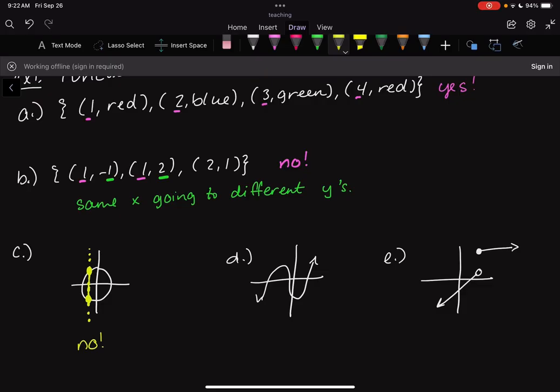What about for D? If I imagine a vertical line going anywhere on this graph, at any x value, am I hitting 2 points at a time? No, I'm not. So this is yes. This is a function. It passes the vertical line test. And then lastly for E, imagine a vertical line.